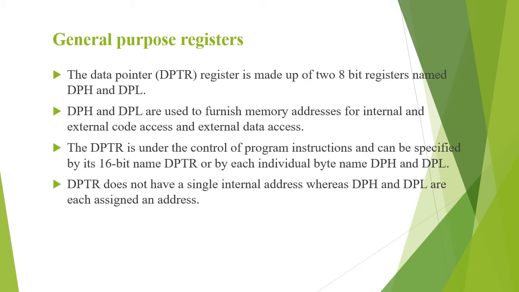DPTR is under the control of program instructions and it can be specified by its 16-bit name DPTR or by each individual byte name DPH and DPL. DPTR doesn't have an internal address, whereas DPH and DPL are assigned an address separately.